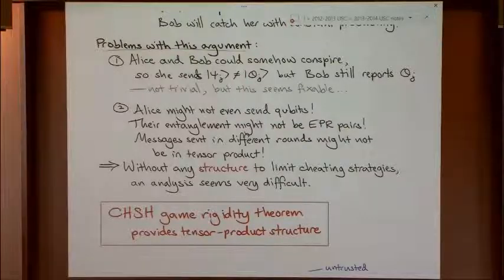Maybe Bob's measurements aren't in tensor product either. What he measures on the first supposed qubit and the second supposed qubit might overlap in some complicated way. It's very hard to analyze this kind of scheme when you have no control over exactly what they're doing. There's no notion of even locality or anything.